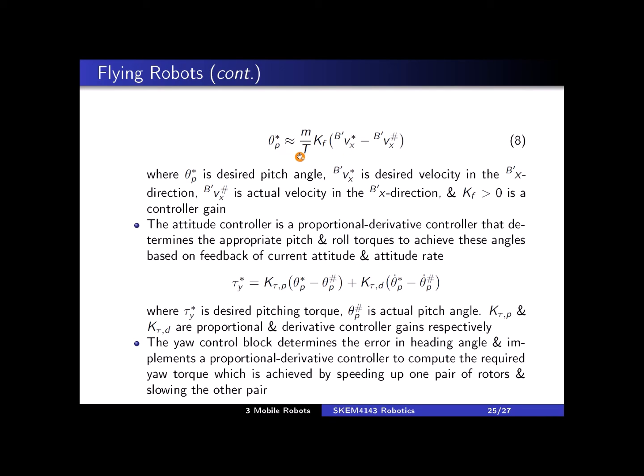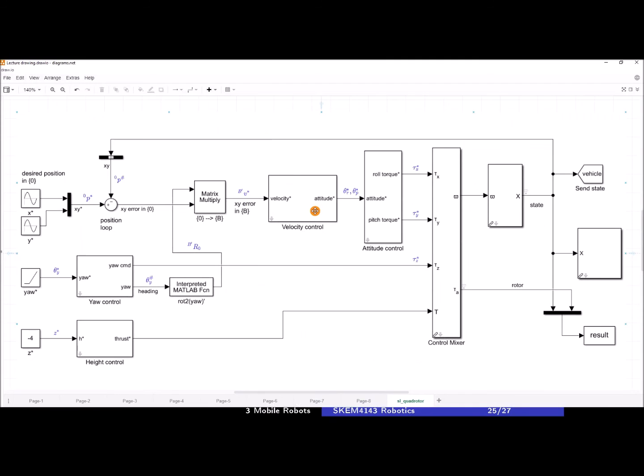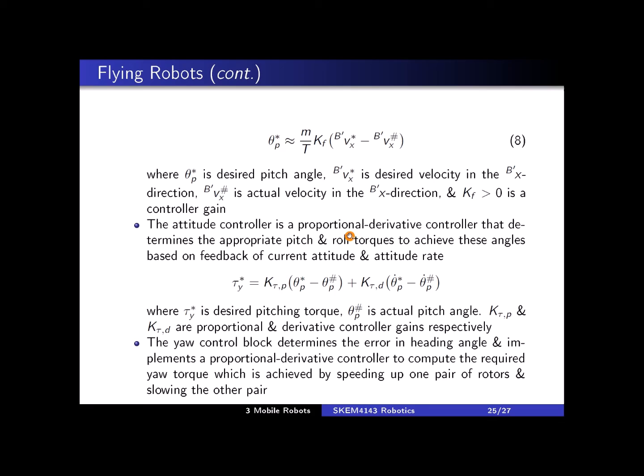And the output of the velocity controller is the desired roll and pitch angle. So even though in the slide only one equation is shown, in the Simulink model there is another equation similar to this that computes theta r star.